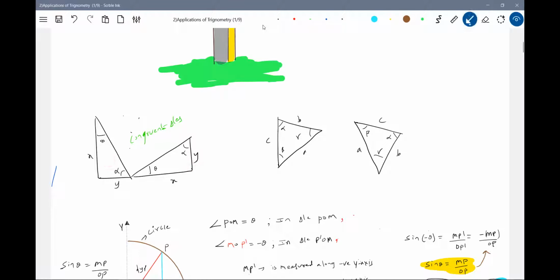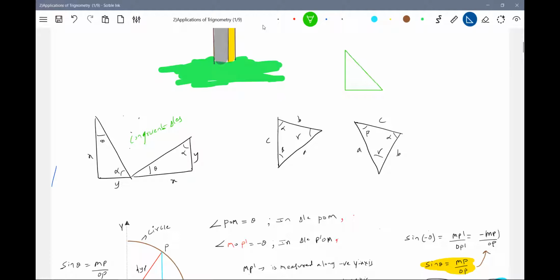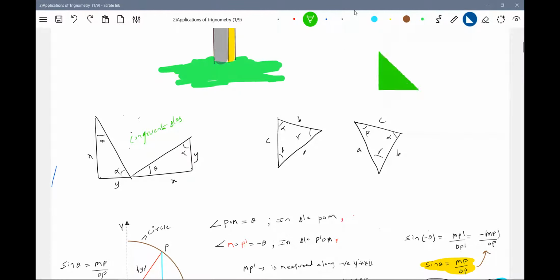If you still can't understand, there's one triangle here. Definitely they are congruent, no? Provided, what is the condition?